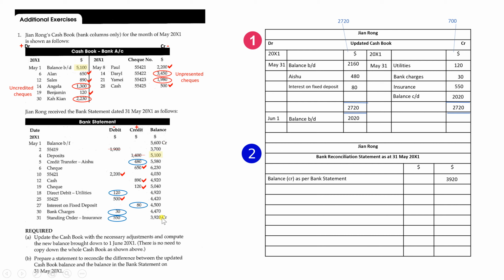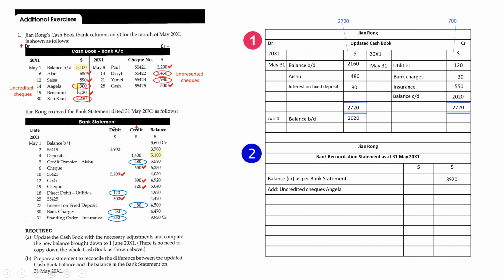Now remember, whatever is on the debit side will be here. So for credit, you have to add 1300 and you have to add 2230, because here and here. Remember, add uncredited check. See, this is uncredited check.